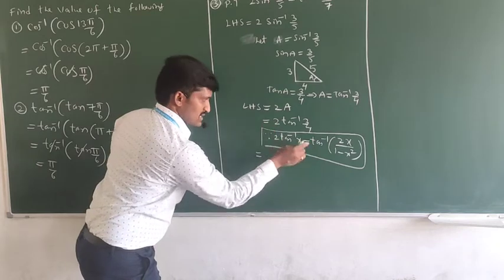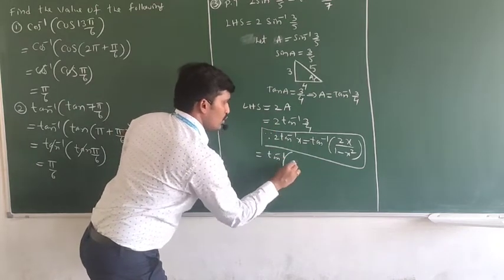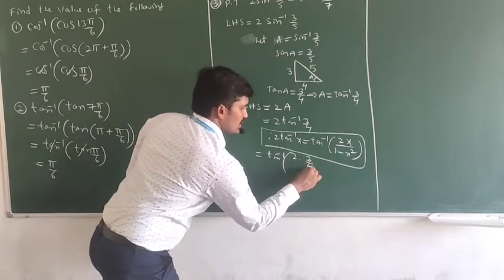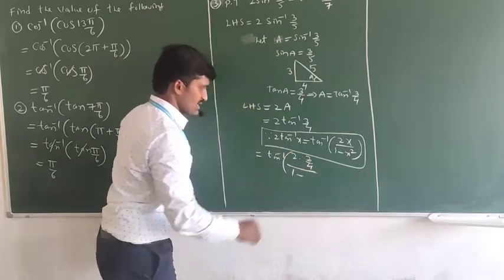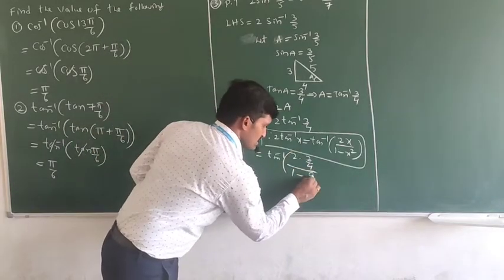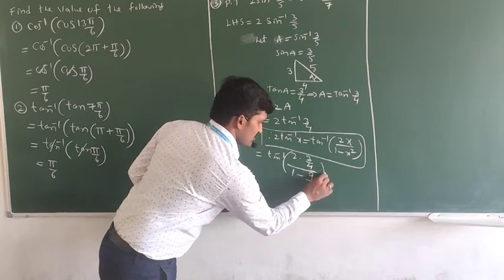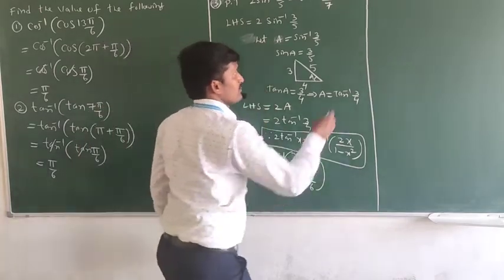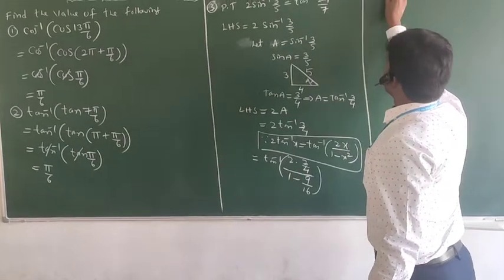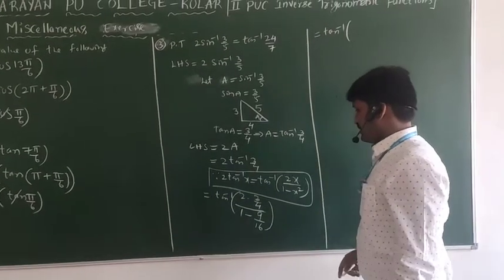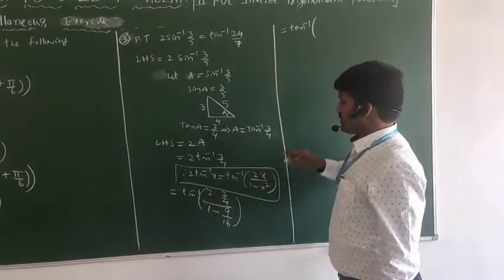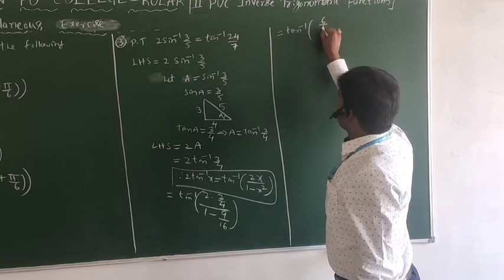2 tan inverse x. What? Tan inverse of 2x, 2 into 3 by 4 divided by 1 minus 3 by 4 whole square is 9 by 16. From this, what you can write? Tan inverse of 2 into 3, 6 by 4.